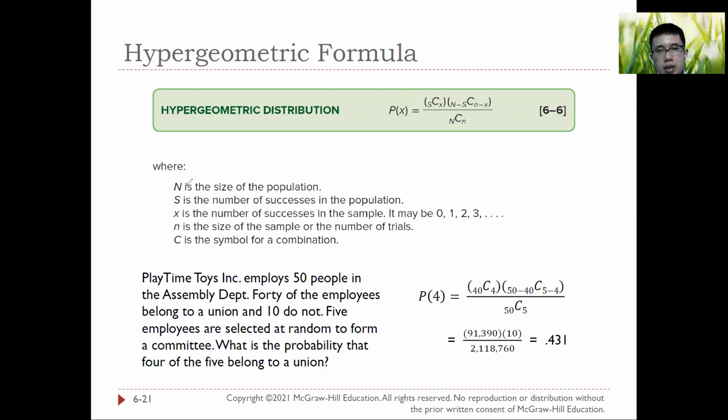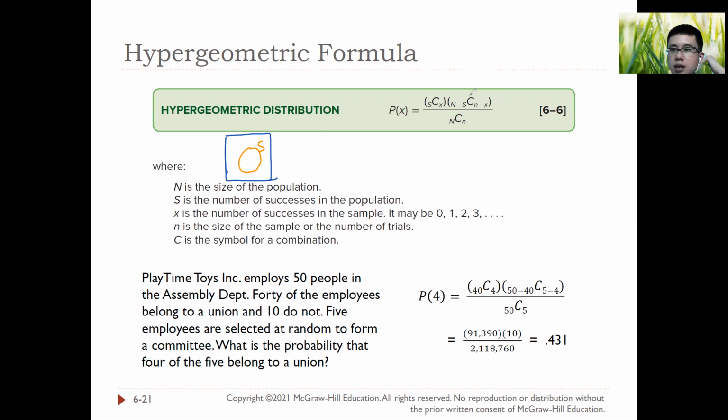S is the number of successes in the population, and little x is the number of successes in the sample. So like this, we have a population, and also we have a sample here, and the number of successes in the population is known. It's denoted by big S, and x is the number of successes in the sample, and we multiply with the combination of N minus S choose n minus little x.